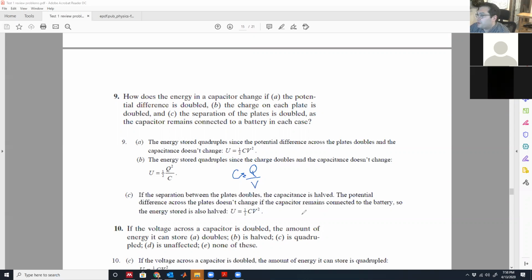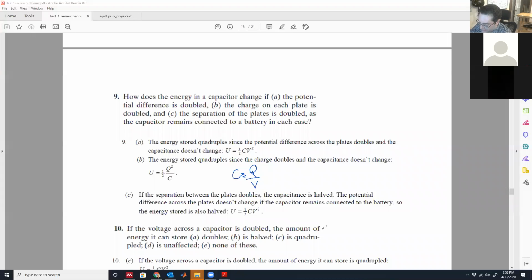Now the last part of the question is, if the plate separation is doubled as the capacitor remains connected to the battery, what would happen in this case? This isn't exactly clear, right? Well, the potential stays the same, and we have to see how the capacitance changes.